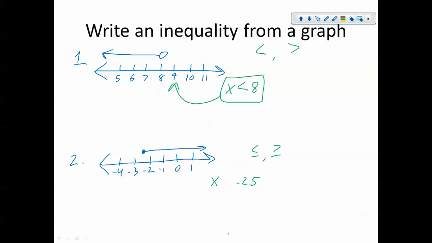This one is saying it's everything larger than negative 2.5, which means the x value is the bigger number. It's everything bigger than or equal to negative 2.5. So x is the larger number, so I'm going to point the big end towards the x.